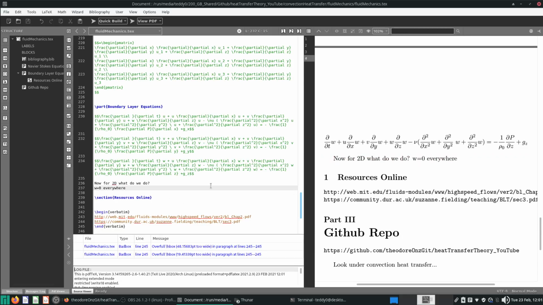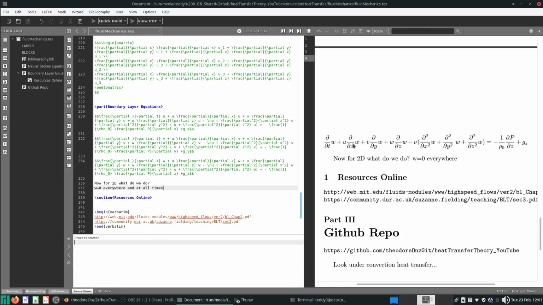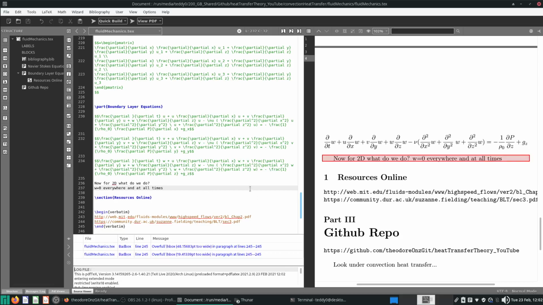So in effect, the z velocity thing, the whole thing can just disappear, because the w equals 0, all the derivatives are 0. So everywhere and at all times, w equals to 0. Okay, so the derivative with x, y, and z all are 0. The second derivative all are 0. And gz also should be 0.